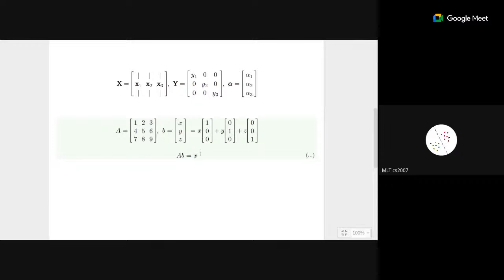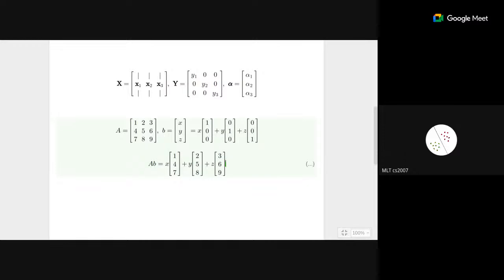So x is just a scalar, so it becomes x into the first column of A, 1 4 7, plus y into the second column of A, 2 5 8, plus z into the third column of A. So whenever you see matrix vector multiplication, it's almost always better to think of it as a linear combination of the columns, where the coefficients are nothing but the elements of the vector x, y, and z. Is that clear now?